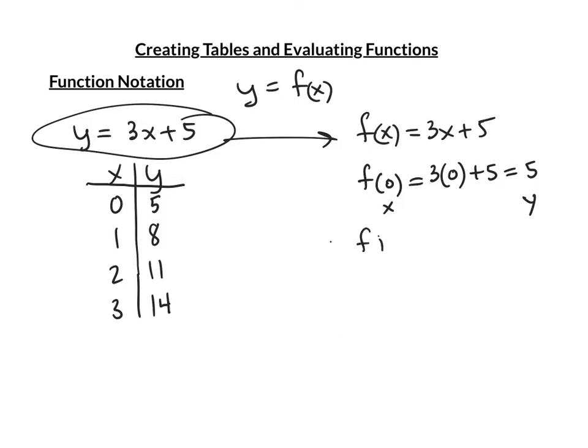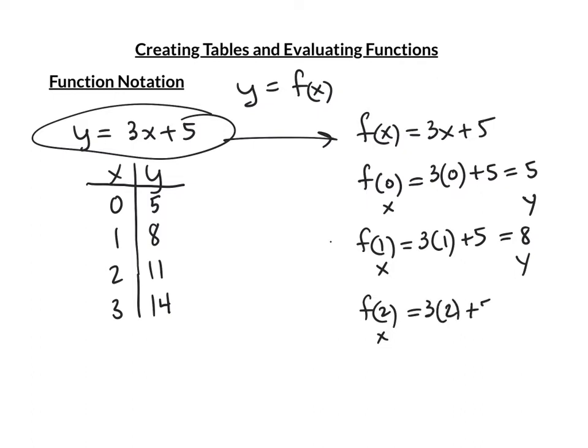So when I say f of 1, that means my x is 1, and I'm going to plug in 1 in the equation, and it's 3 times 1 plus 5, which is 8. Notice that x is 1 and y is 8. And if I ask you for f of 2, that means that my x is 2, and I plug in 2 for x, and I say 3 times 2 plus 5, which is 11. And x is 2 and y is 11.